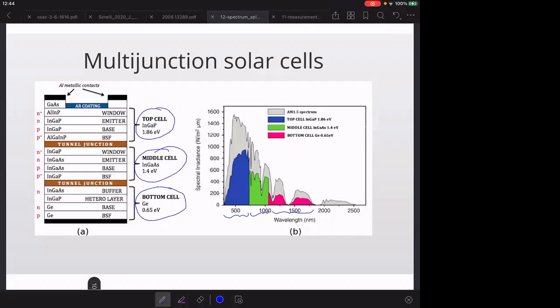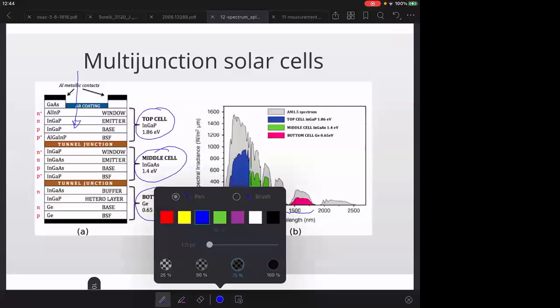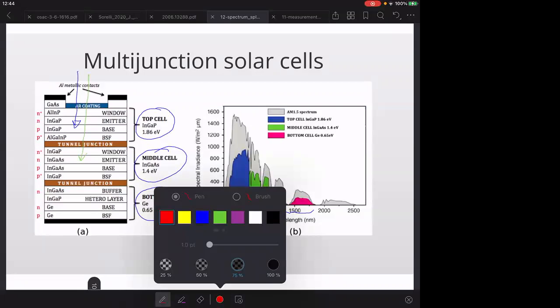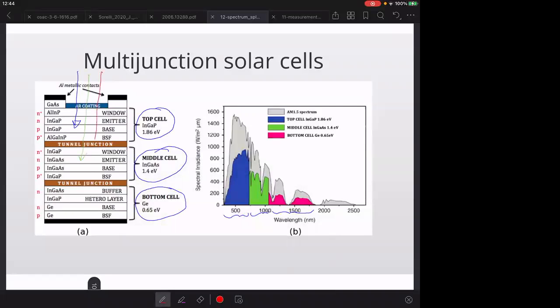So if I were to draw this, the blue photons will get absorbed in this layer, and the green photons will pass through this layer because the band gap is higher than the energy of the green photon. And the red photons will pass through both the top layers because the band gaps of both of them are higher than the energy of the photons, and get absorbed at the bottom.